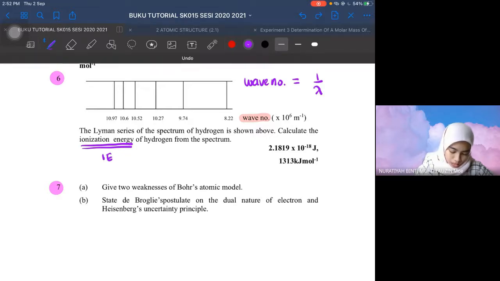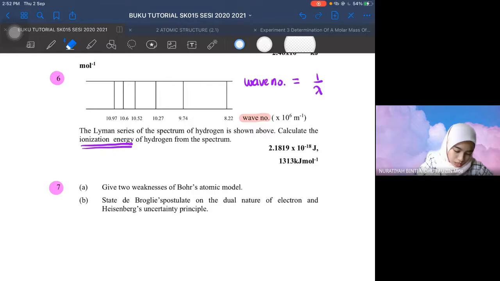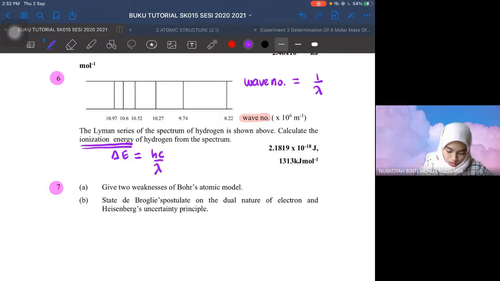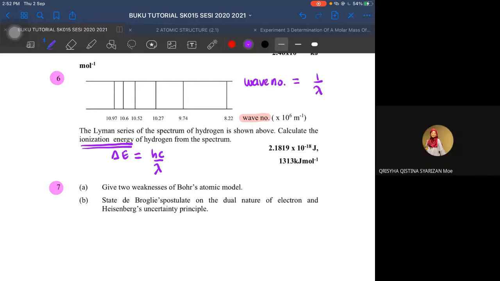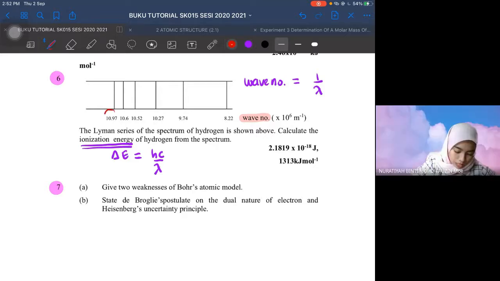So kita akan cari delta E equals to HC over lambda. Okay. Tapi kita punya lambda tu kita nak guna yang mana satu? Yang paling kanan ke paling kiri untuk ionization energy? Ionize maksudnya awak punya electron kena buang to infinity. Paling kiri, okay? Kiri. We will use, yes, very good.